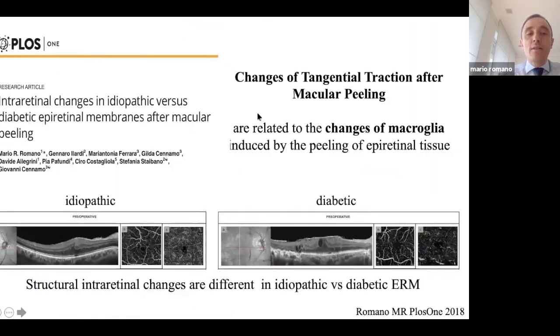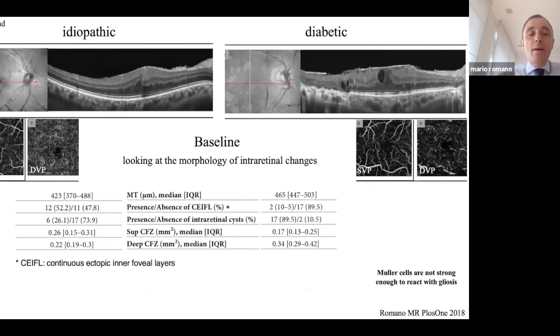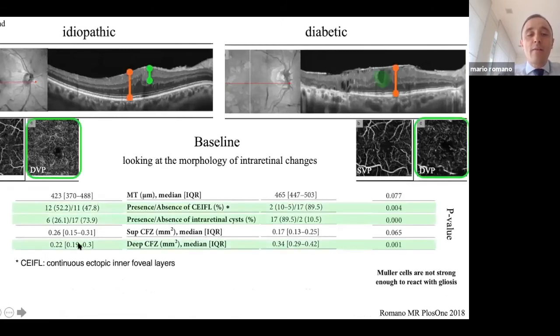So according to this paper published, we found that in diabetic one, the changes are different to the idiopathic one. In idiopathic one, as we said before, we have an increased discontinuous ectopic inner foveal layer, whereas in diabetic one, we have an increase of intraretinal cyst spaces and increase also of capillary free zone of deep vascular plexus.